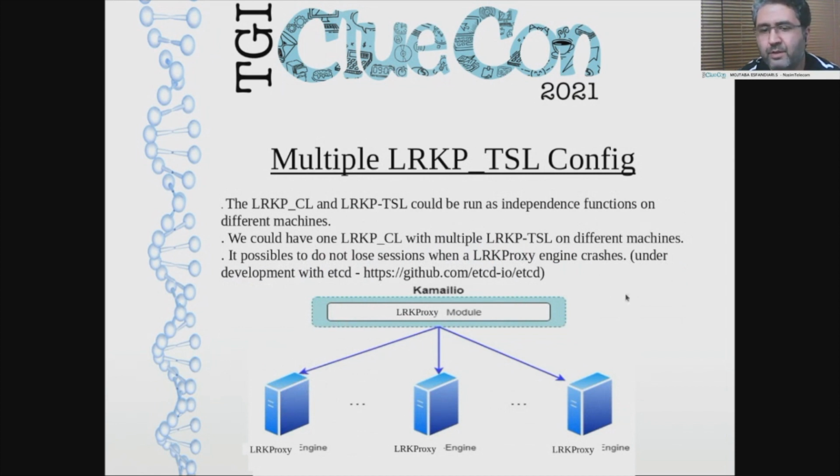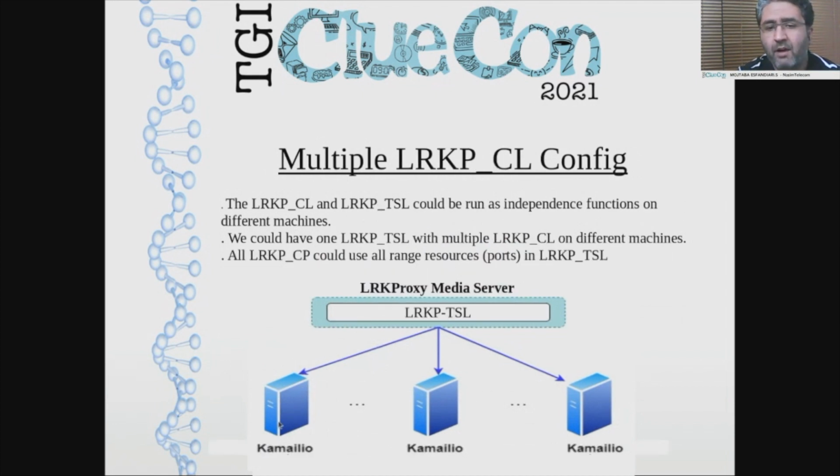It's under development. And the second one, we have multiple Kamailio servers and one LRK proxy server. Each Kamailio tries to catch the most available port range from LRK proxy.